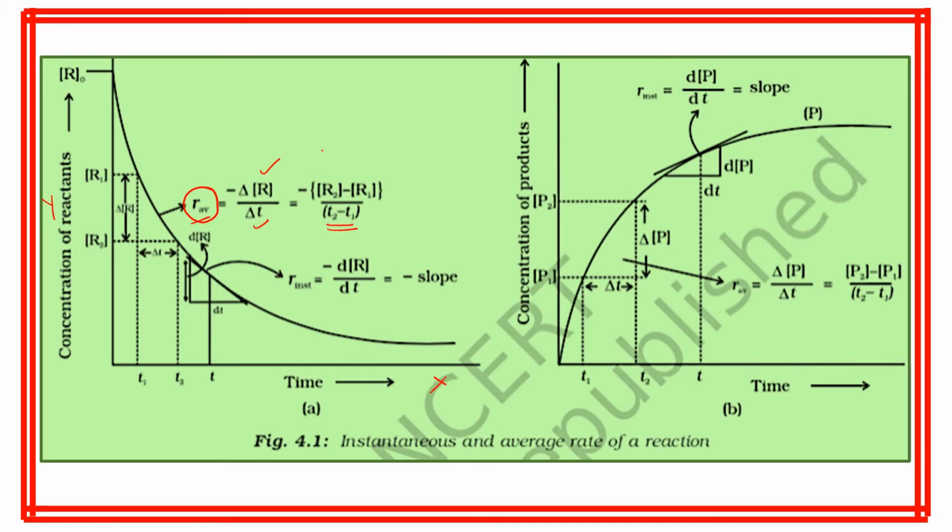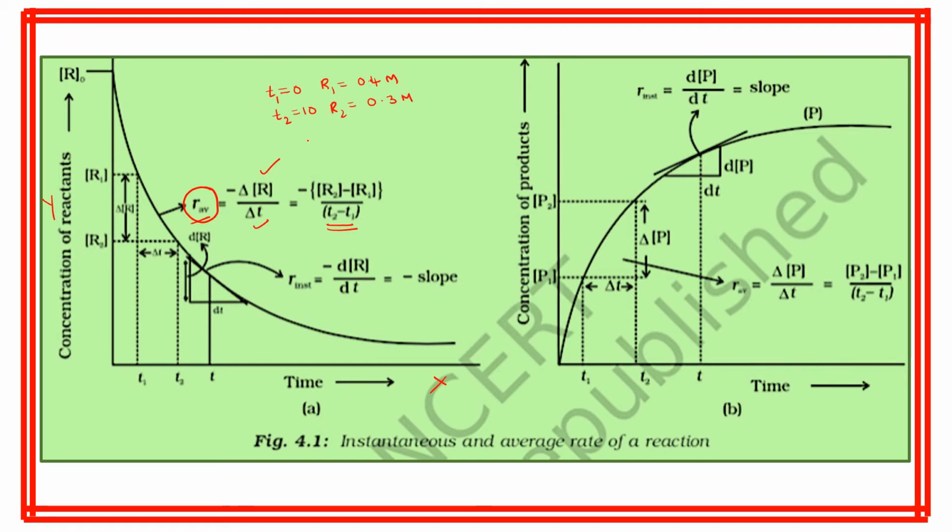Initially at time T equal to 0, the concentration R1 is 0.4 molar. At T2 time, the time is 10 seconds, and the concentration of reactant is decreased to 0.3 molar.